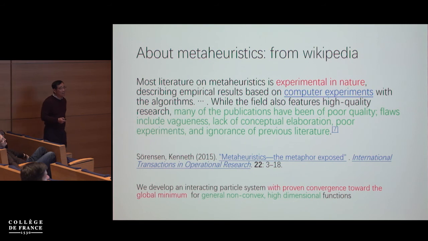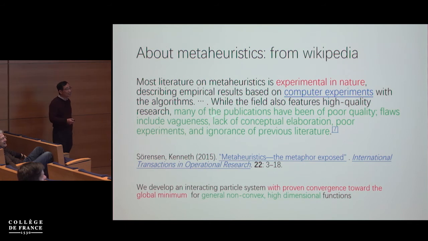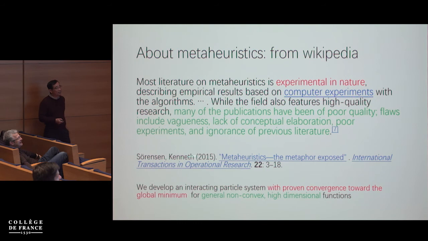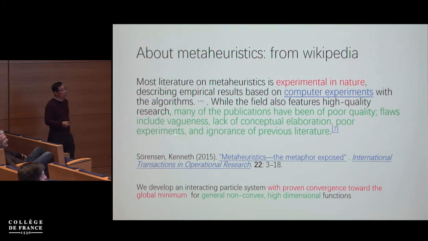But it turns out this community does not have a very good reputation. If you write a paper on this business, it's very easy to get rejected by the mainstream community. The reason, and I took this from Wikipedia, is what this review article says: most literature on meta-heuristics is experimental in nature, and the results are empirical, with a lack of conceptual elaboration, poor experiments, and so on.